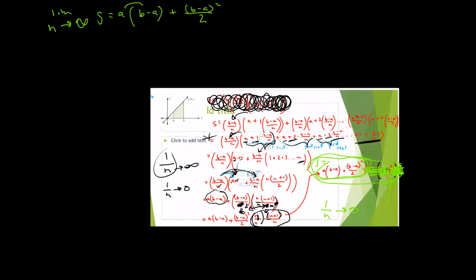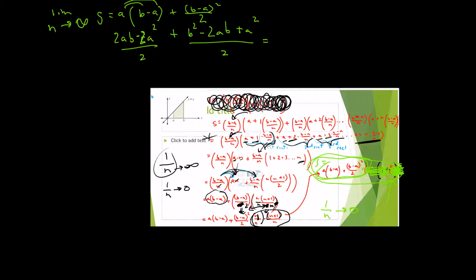Let's take and distribute this, which will give us ab minus a squared plus b squared minus 2ab plus a squared over 2. Let's go ahead and get a common denominator of 2, which will make this 2ab, and this will be negative 2a squared. Now we can combine these things.